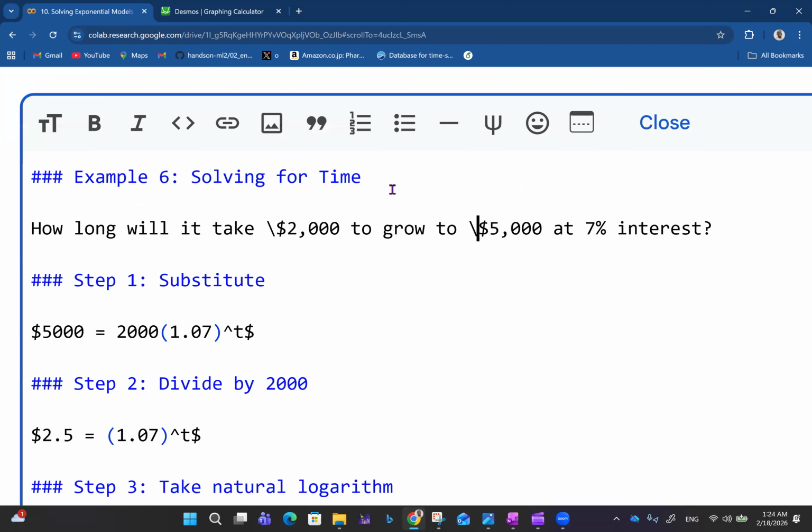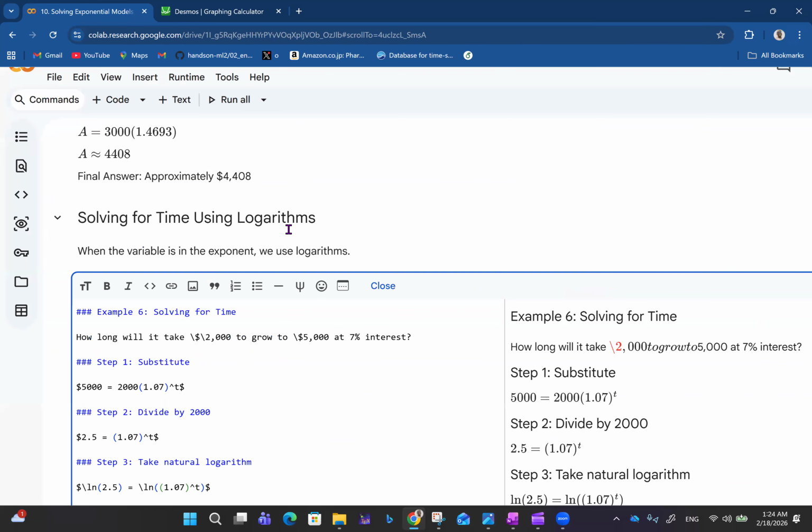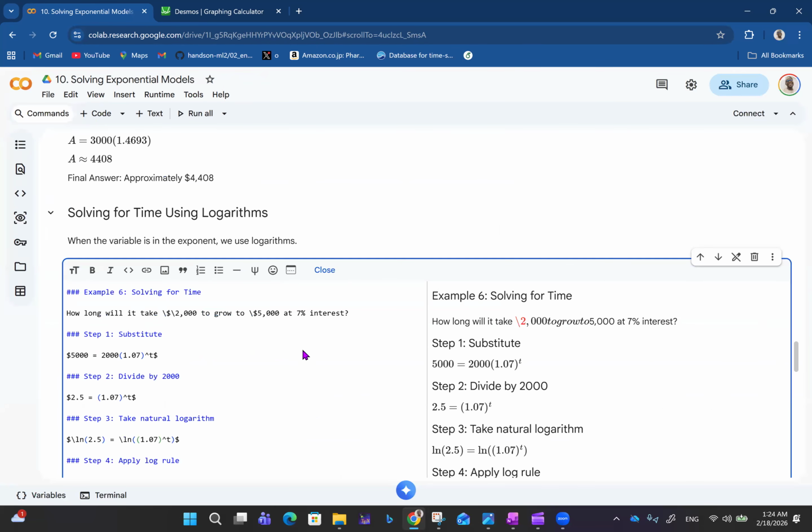$2,000. It's seeing these dollars as a dollar sign for math. Let's try to see what's happening here. What if I double it? Okay, now that's making sense.